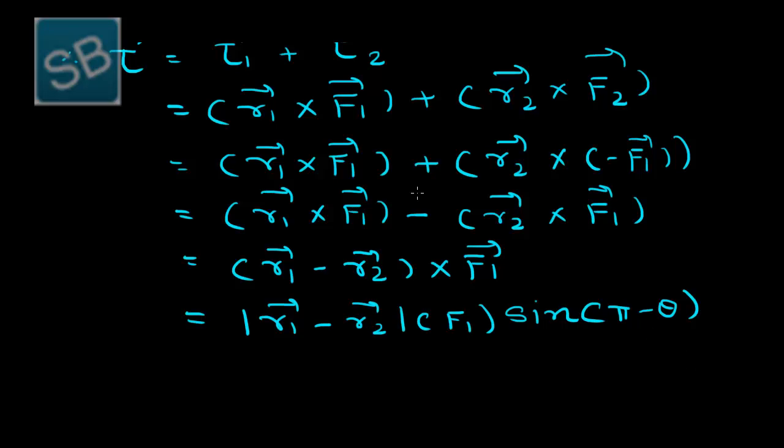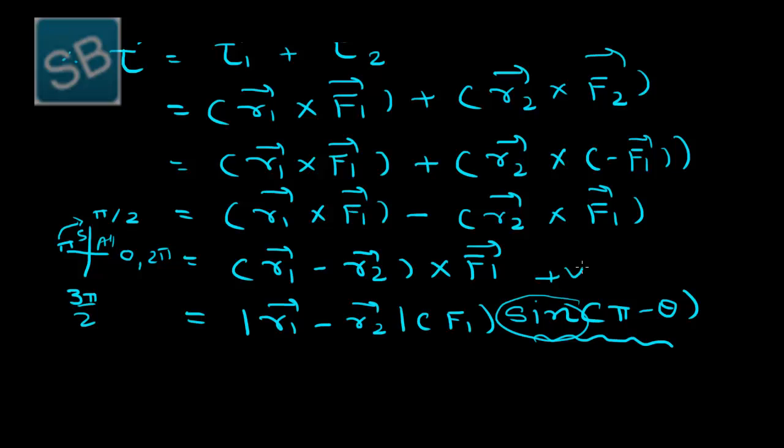And we know sine of pi minus theta means here 0, pi by 2, pi, 3 pi by 2 and here 2 pi. So this is the first quadrant, this is the second quadrant, and pi minus theta will lie in the second quadrant, and in the second quadrant the sine function is positive, and so the value of tau will be mod of R1 minus R2 times F1 sine theta.